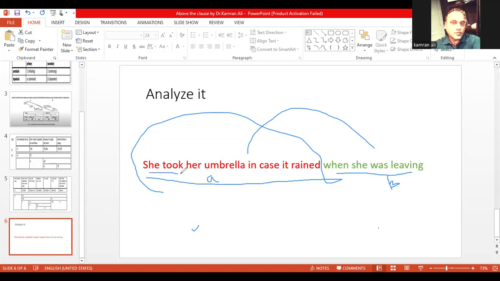She took her umbrella, right? This is again a head, so we call it alpha once again. In case it rained, this one is depending on this one. So this is again beta.